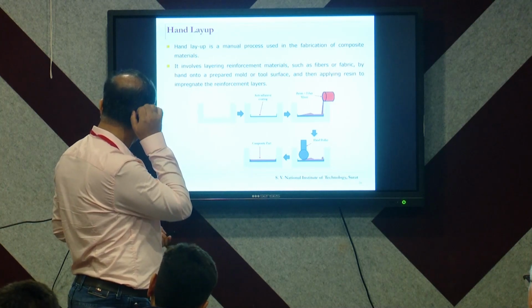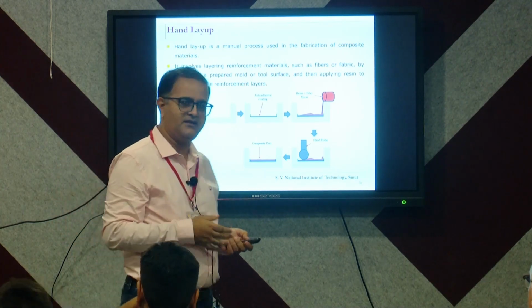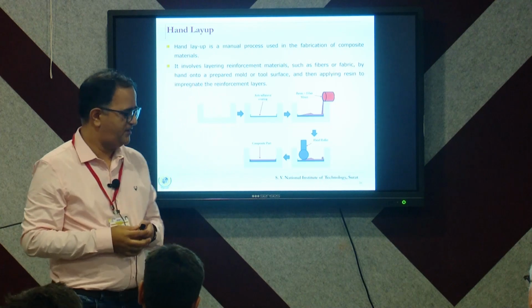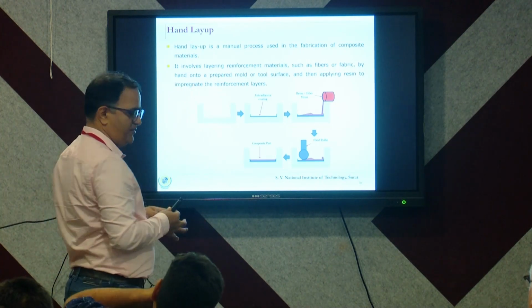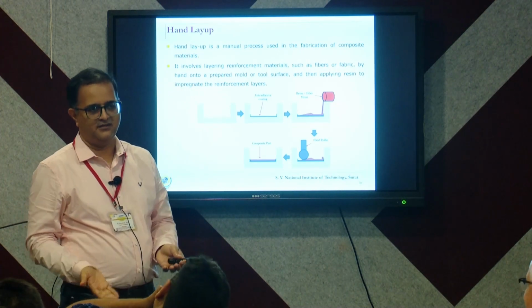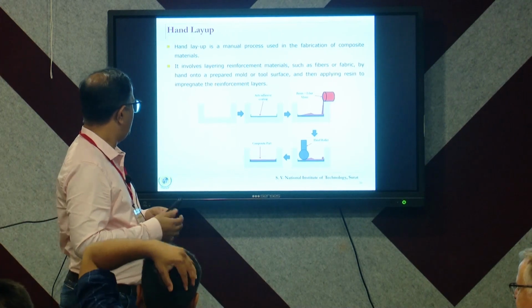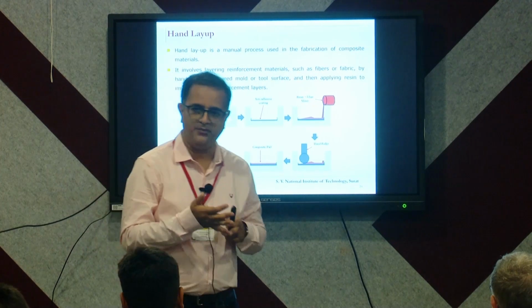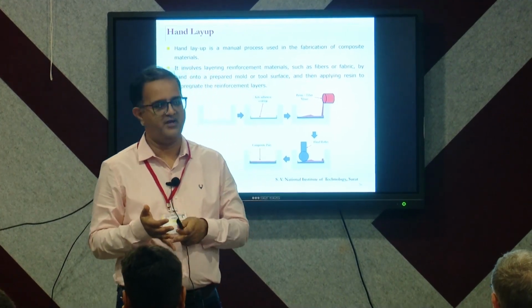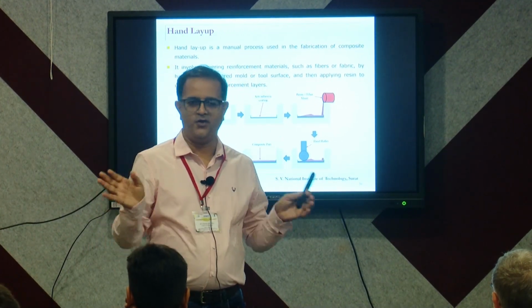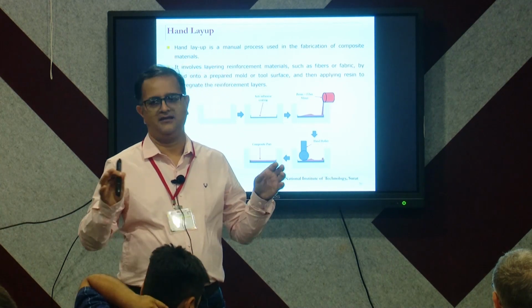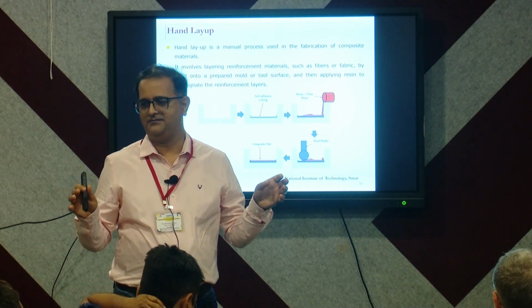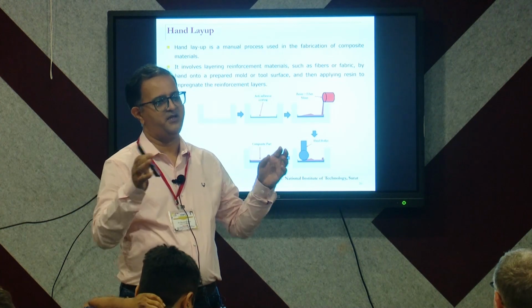So, here what you do is you prepare a simple die. You need to coat it first so that the part can be easily removed. You fill the matrix. Either you can put fabric or you can put chopped fibers, whatever way you want to put. It's just like the sandwich that we make, right?